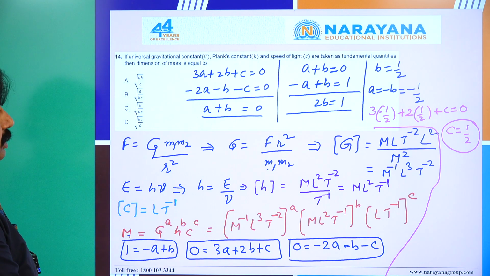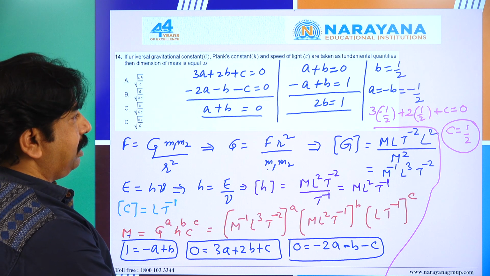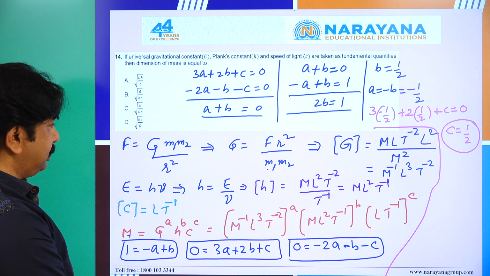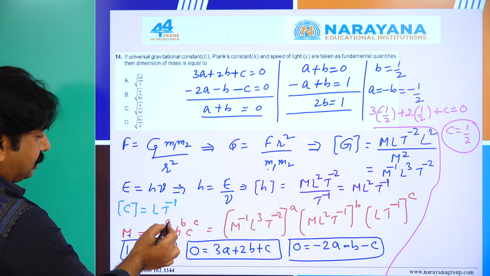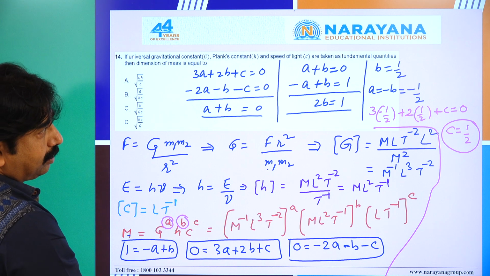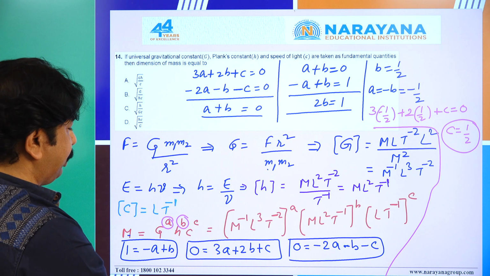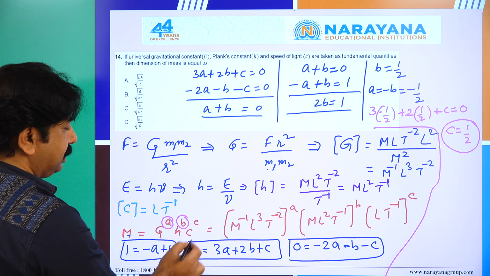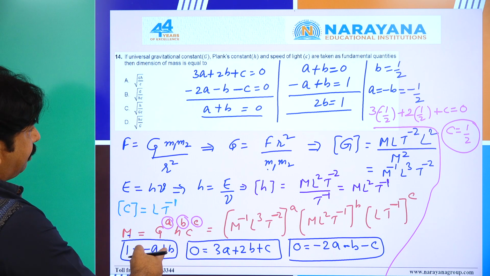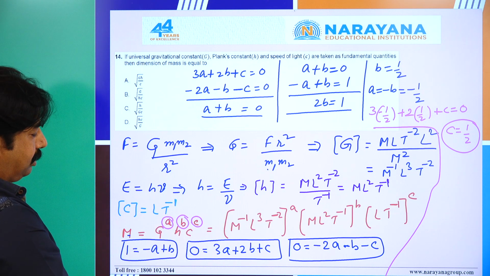So the final answer: a is minus 1 by 2, b is 1 by 2 and c also 1 by 2. So g should be the denominator, and h and c the numerator.